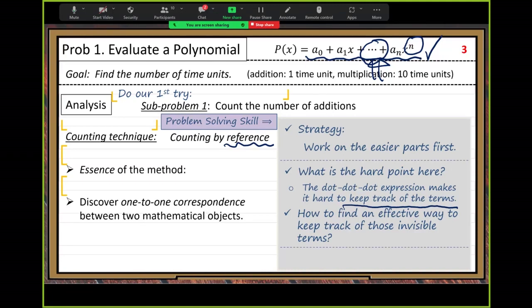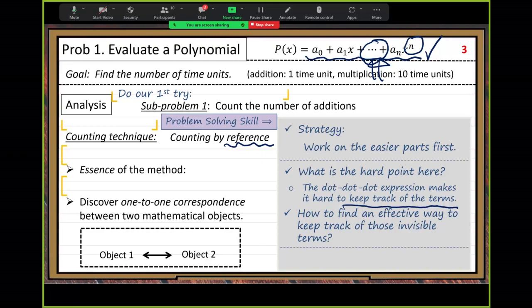Let me use this diagram to explain. Suppose we have two different mathematical objects, object 1 and object 2. If we can establish a one-to-one correspondence between these two objects, later I will show you how to do this in this polynomial.